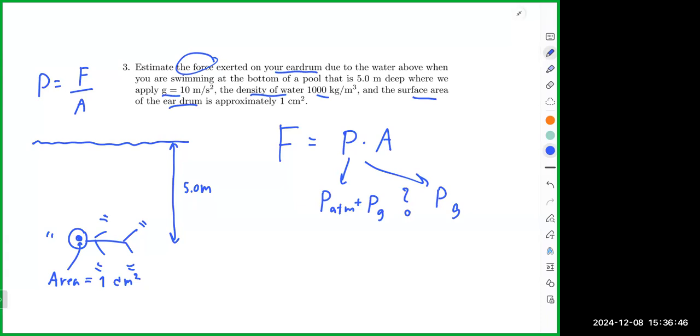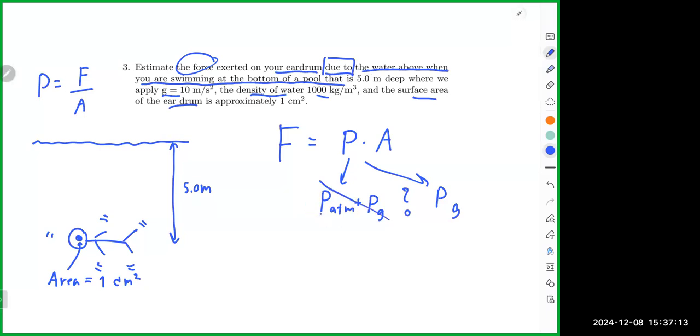If you read it right here, estimate the force exerted on your eardrum due to the water above when you are swimming. This problem didn't mention the atmospheric pressure.